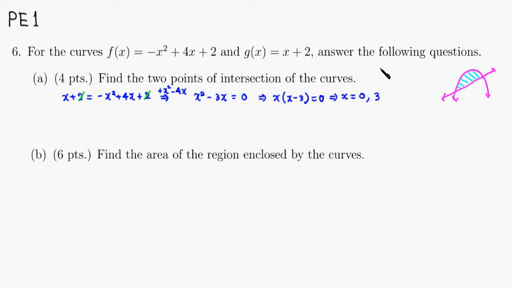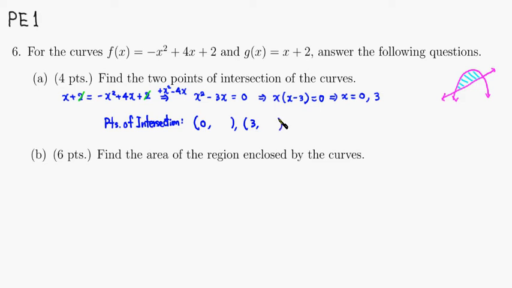So the points of intersection have x coordinates 0 and 3.